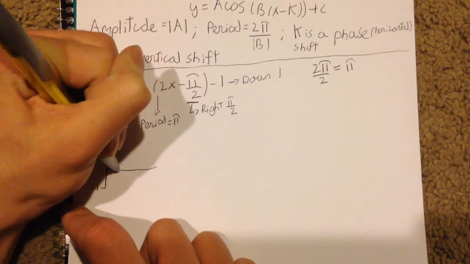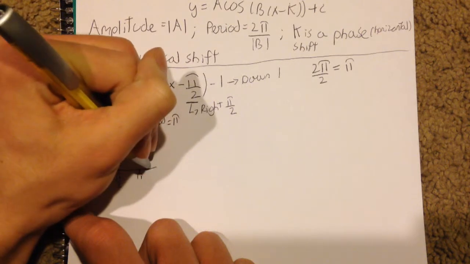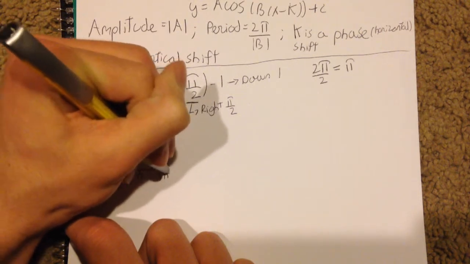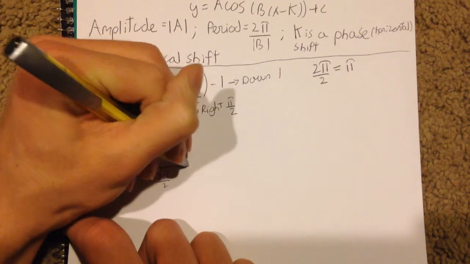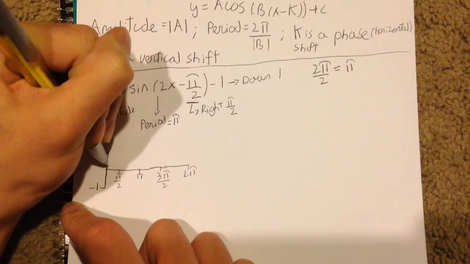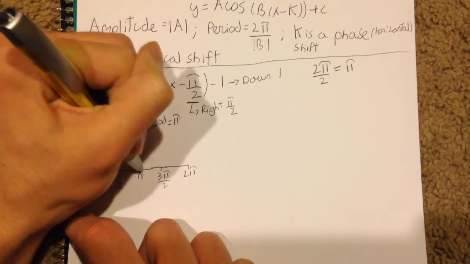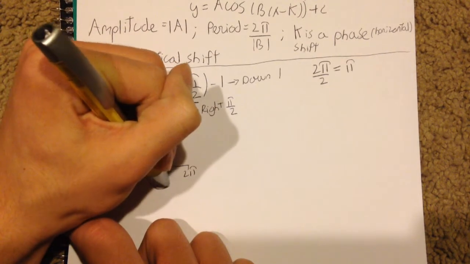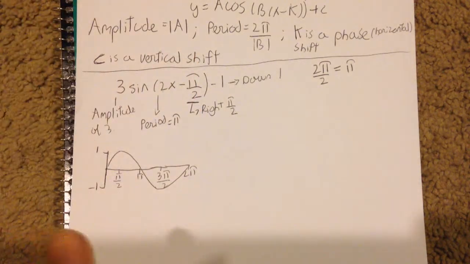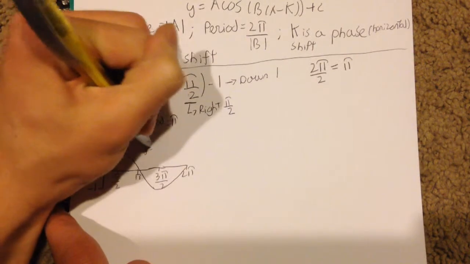It's going to start at the origin and then go all the way to 2 pi. It goes up to 1, then back down to 0, down to negative 1, and back to 0 again. So that is roughly what the sine function will look like.